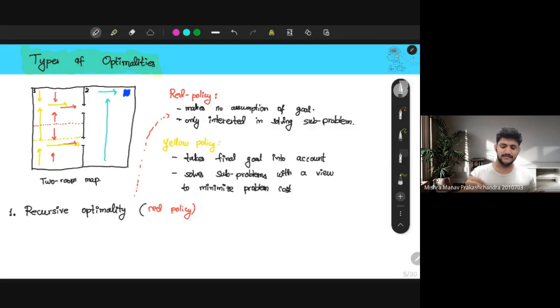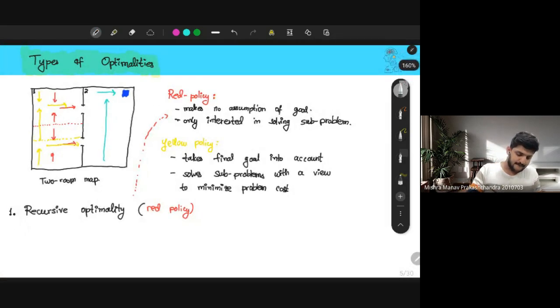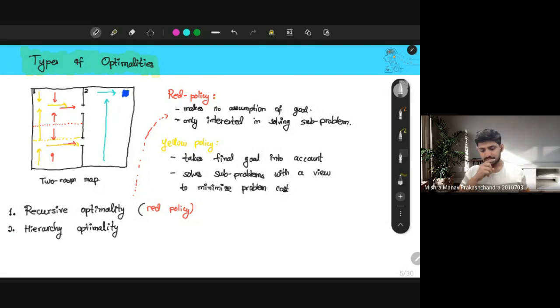Second, the yellow policy here is called hierarchy optimality, meaning I have to first exit the room and then reach the goal. Okay, so it has to follow the hierarchy.